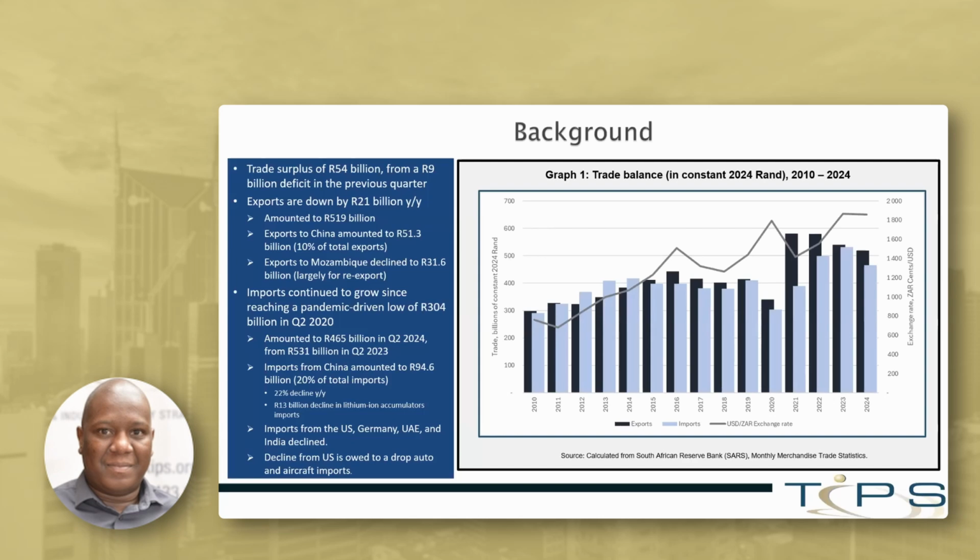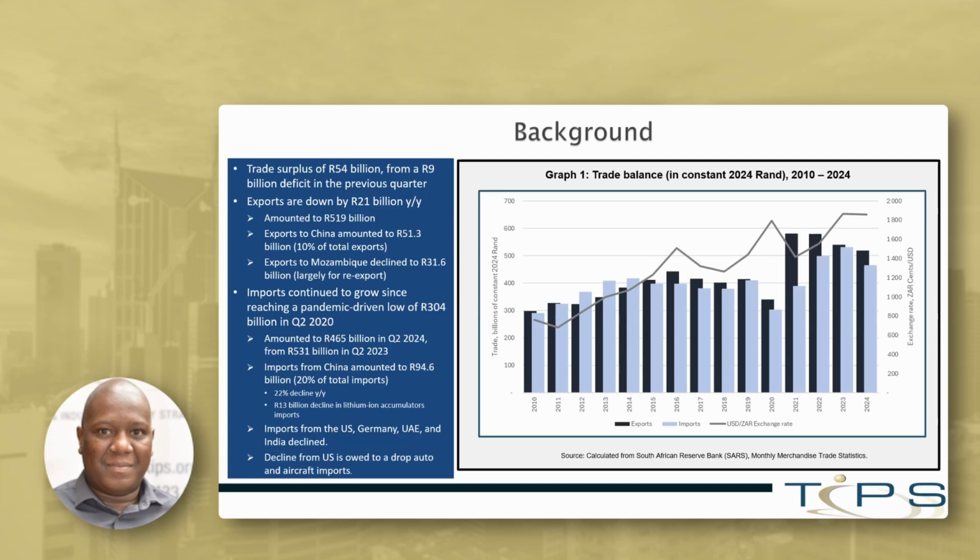Imports continued to grow since reaching a pandemic-driven low of 304 billion in the second quarter of 2020. In the second quarter of 2022, these amounted to 465 billion, from 531 billion in the second quarter of 2023.